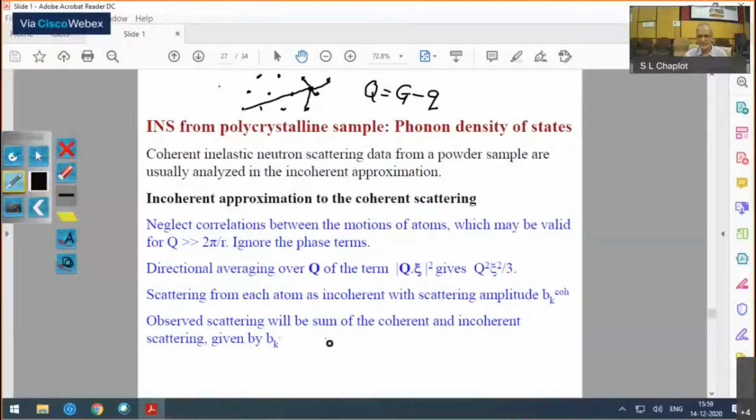So what you have here is the coherent part plus the incoherent part. Okay. That gives me the total cross section. And so I will take the square root of it and call it b_k, which is the effective scattering length. And so my total scattering will be proportional to this quantity, or the square of this quantity.